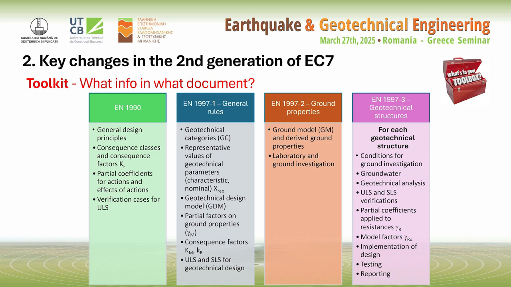You will find those values for the partial coefficients for actions and effects of actions, and the verification cases for ultimate limit states. In Eurocode 7 Part 1 General Rules, you will find the geotechnical categories, the representative values of the geotechnical parameters, the geotechnical design model.